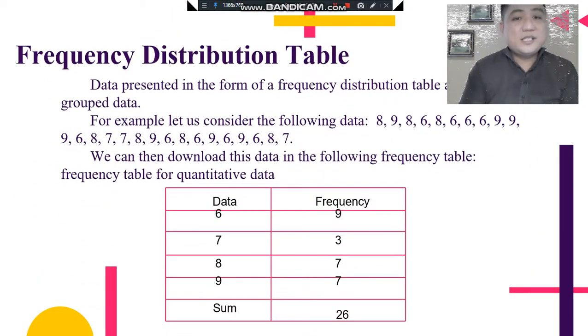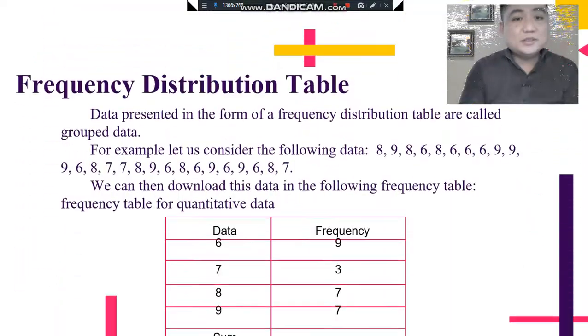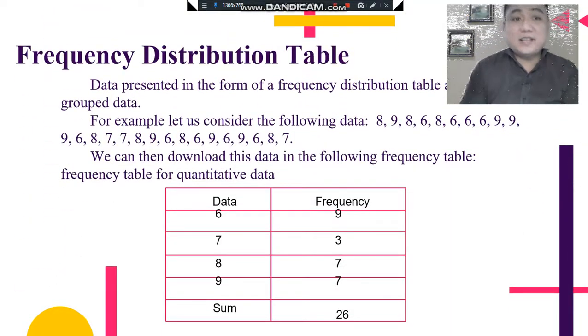So this is an example of a frequency distribution table. Data presented in the form of a frequency distribution table are called grouped data. For example, let us consider the following data. There are 26 numbers. So what are the numbers that we need to choose from? 6, 7, 8, 9.